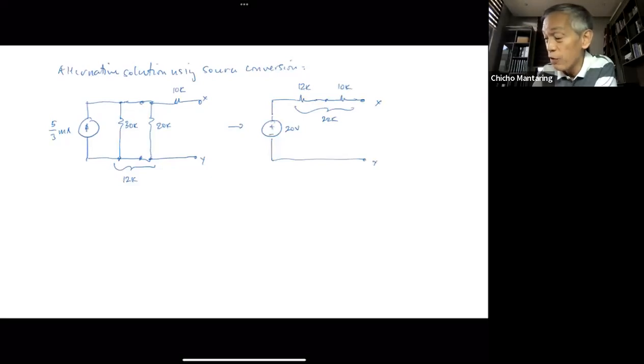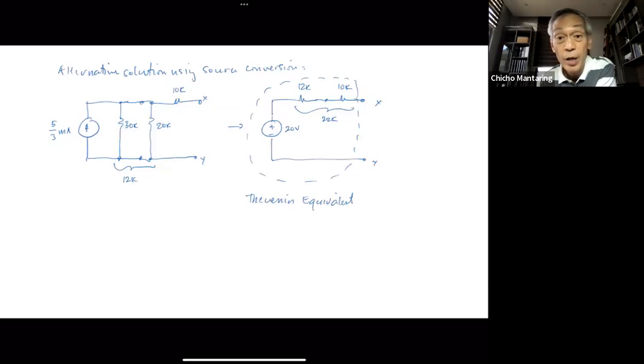So this is now my Thevenin equivalent. Any questions? I'm just pointing out that you could solve this in many different ways. Are there any questions? Okay, so your answer: VTH is 20 and RTH is 22K.